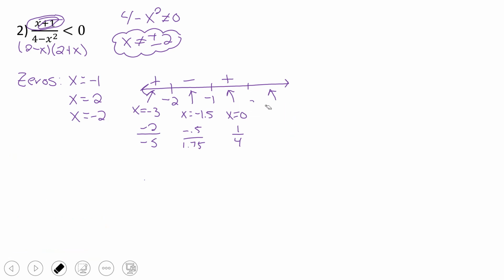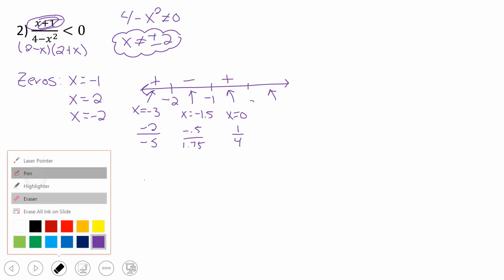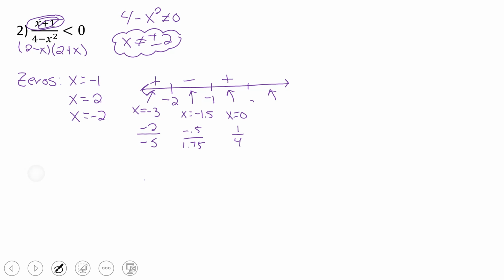That's supposed to be a 2. About to say, I'm going to run into a domain restriction here. This should have been a positive 2. So I'm going to test a 3. So let's see, that's 4 over -5. So that would have a negative result.